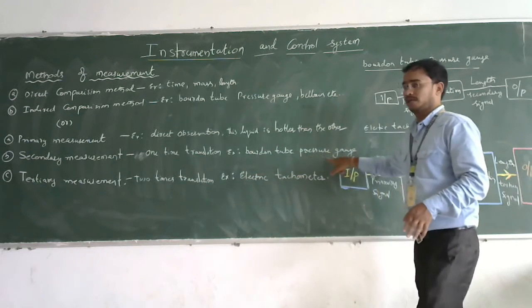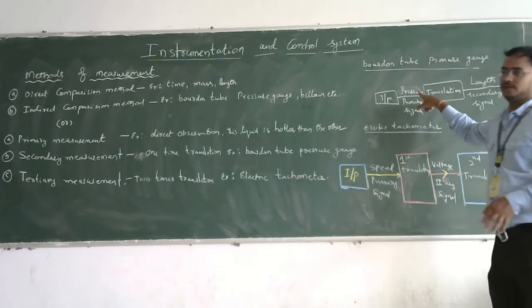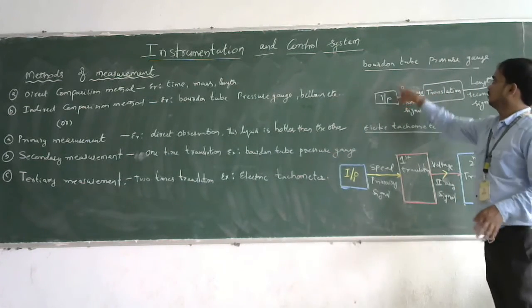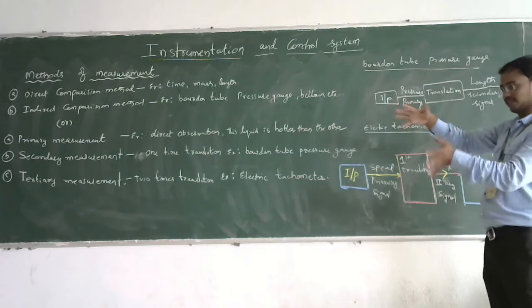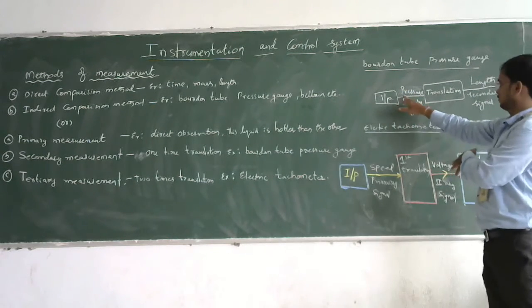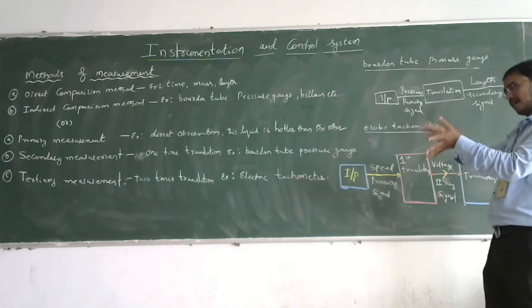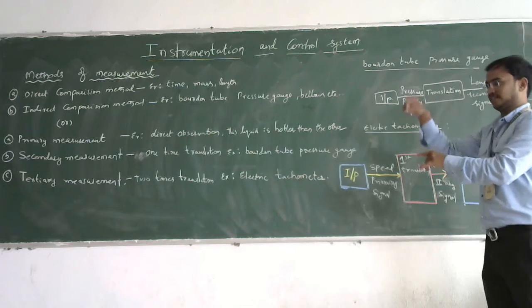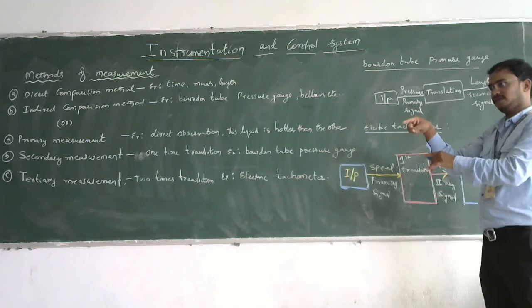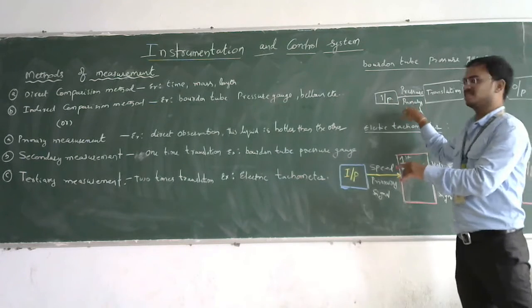Now we will see a block diagram showing the transmission of signals. In the Bourdon tube pressure gauge, the input is pressure, which is the primary signal, and this pressure will get translated to distance. When the distance varies, it indicates the pressure is varying.